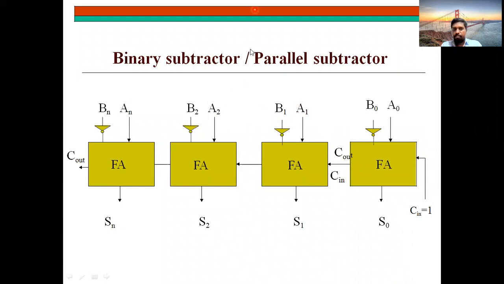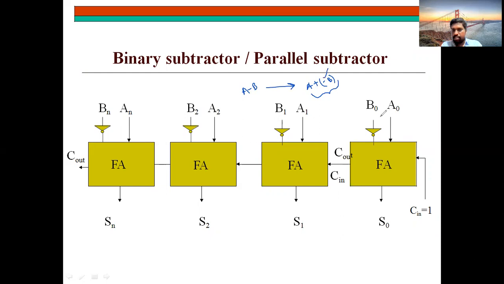Why? Already I said that for subtraction, the system takes complementary addition. It converts into a plus of minus b. Already I said in the concept of binary subtraction, a minus b is our format, but the system will take it as a plus of minus b, which is called complements.